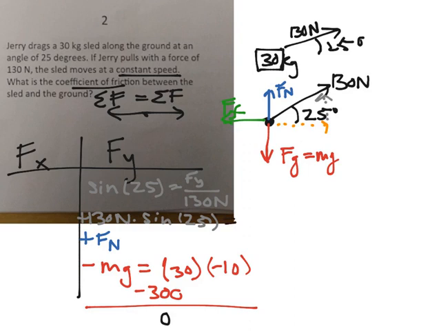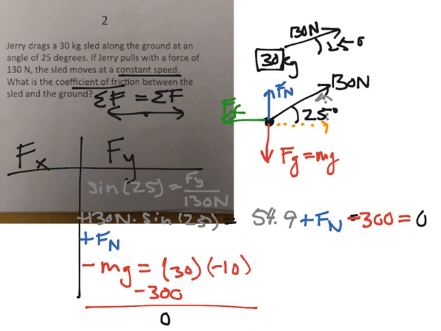And I'm going to solve this so it gets less messy. So if you solve this, you would get 54.9. So we know that 54.9 plus Fn minus 300 is equal to 0.